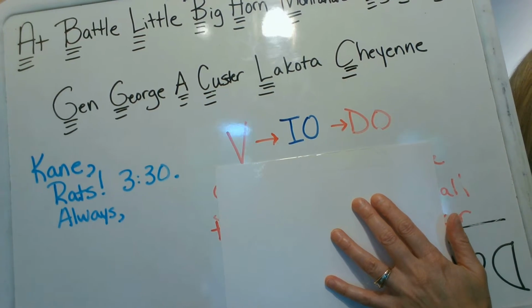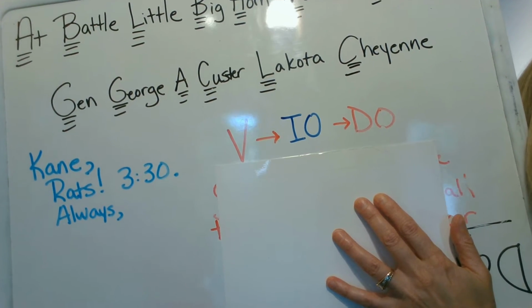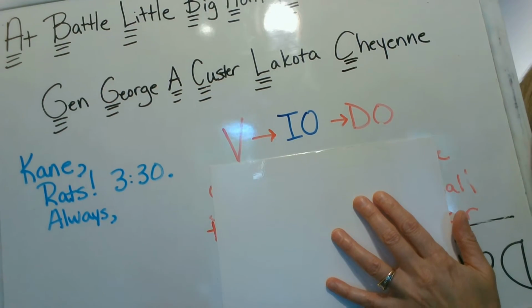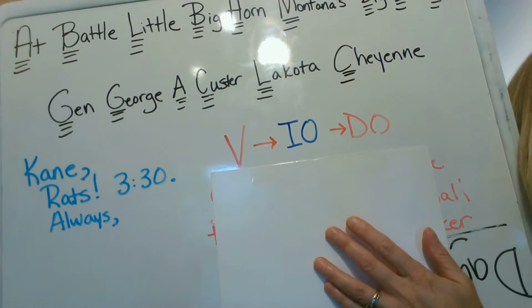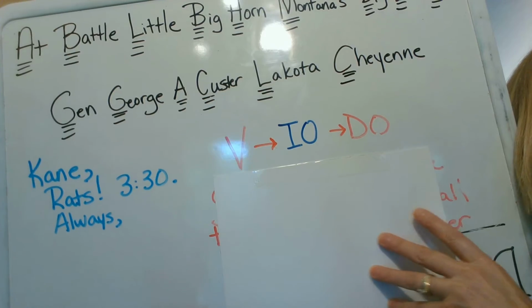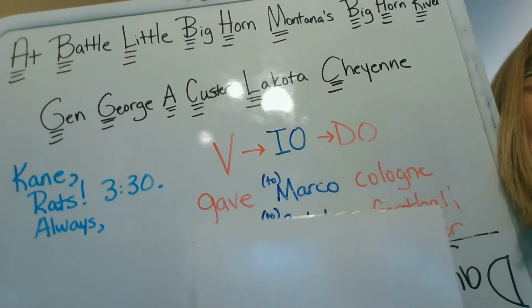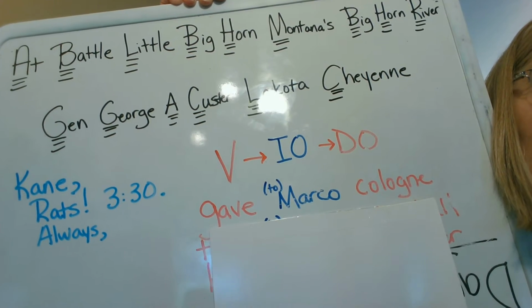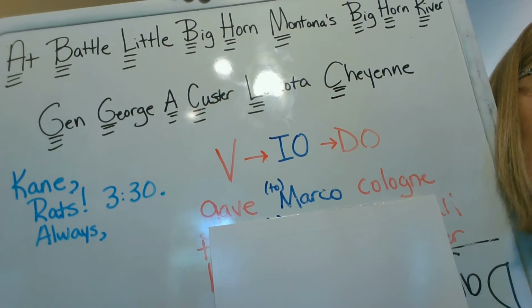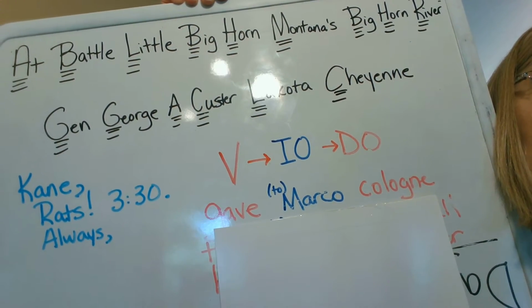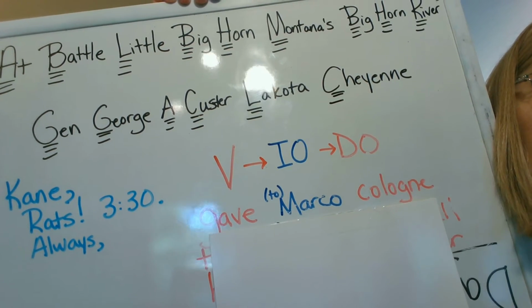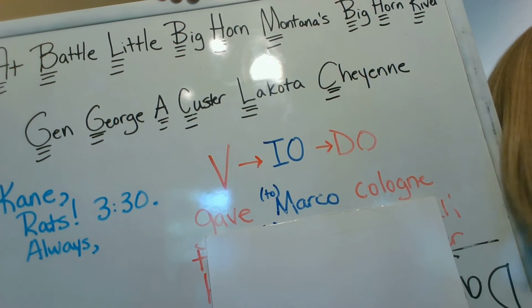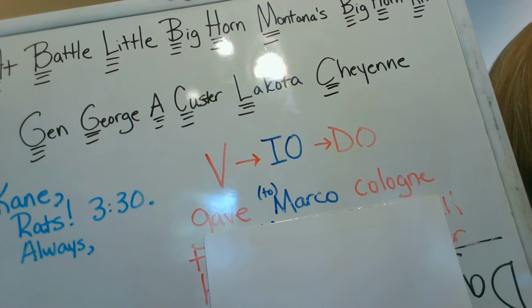The word order: gave, Marco, cologne, gives you the idea that what we've got going here is a verb, indirect object, direct object. Jana gave what? Jana gave cologne. She gave cologne to who? To Marco. That's how you know that Marco is an indirect object.